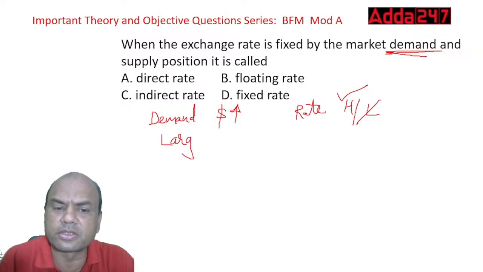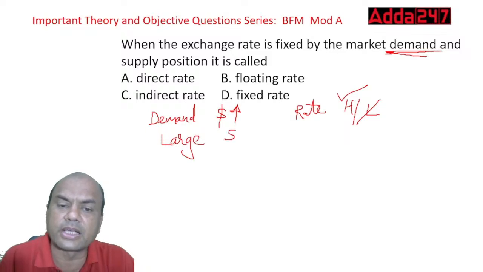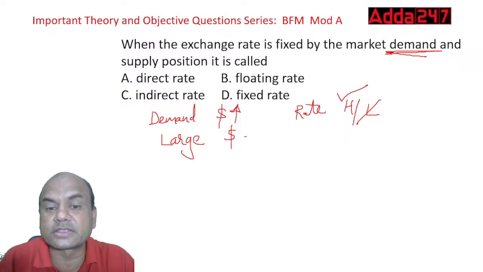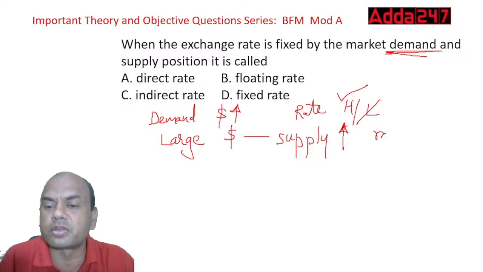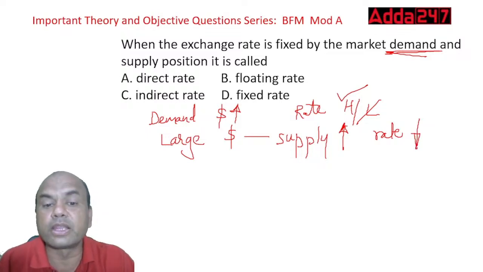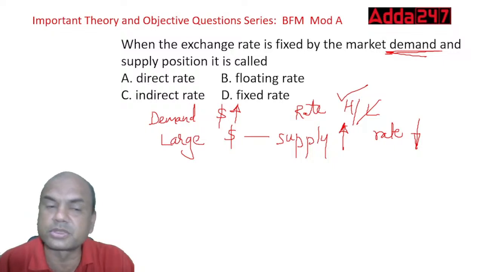Everyone is investing dollars. Then what will happen? The supply will go up. If supply goes up, then the rate goes down. So when large dollars come in, the supply of dollar goes up, and the rate goes down.